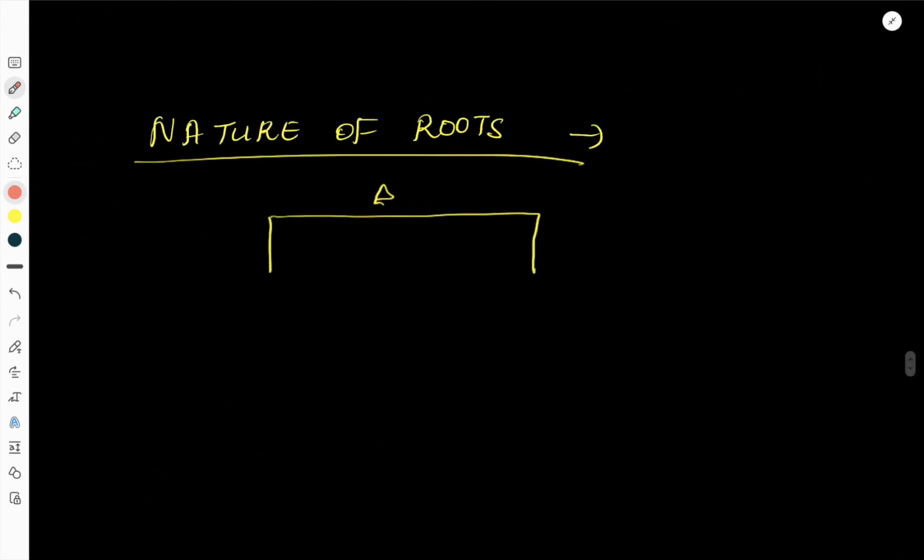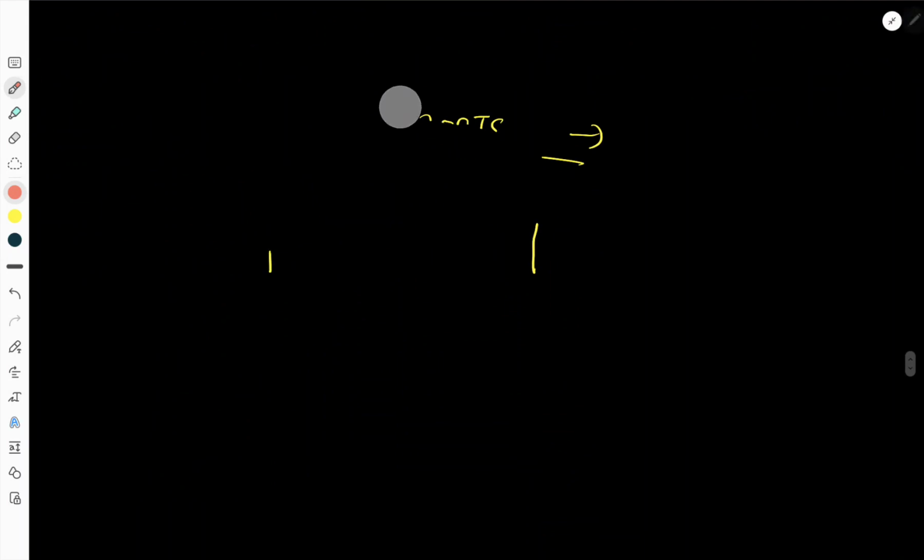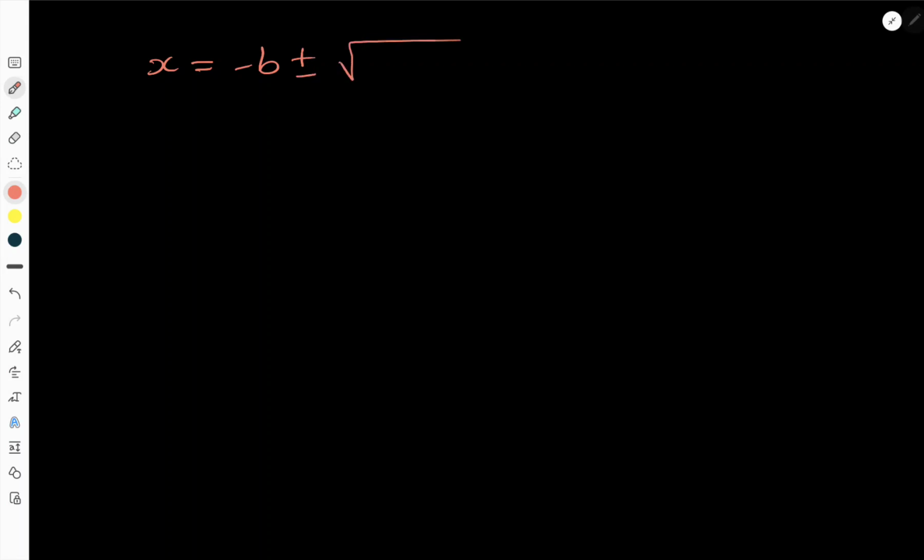Again, when we look into the nature of roots, I hope you remember the formula x is equal to -b plus or minus the square root of b squared minus 4ac, all over 2a. We are mainly checking this expression which is within the square root.